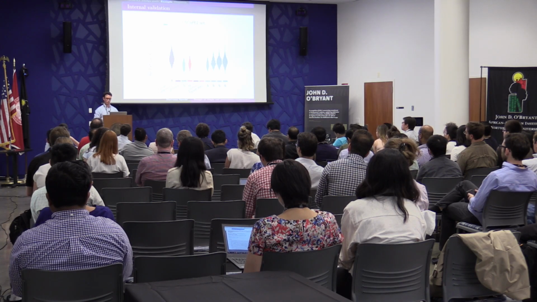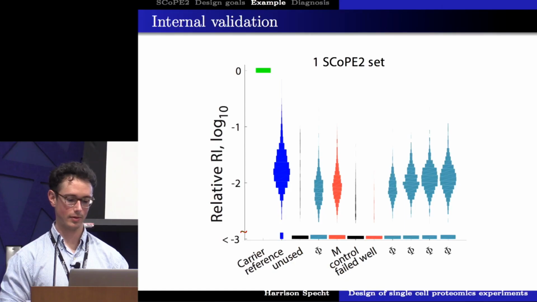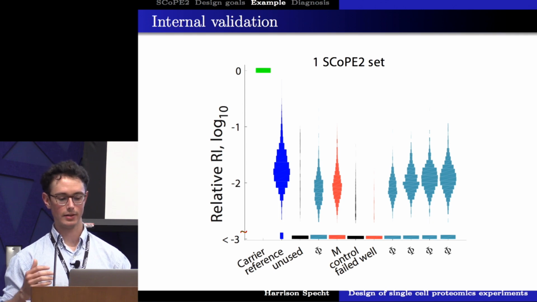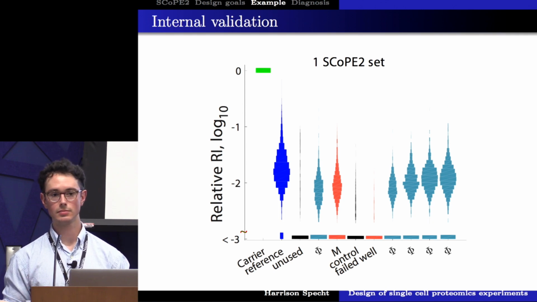So one source is biological variation. And as you can see, we can compare it to the control well and see what sort of expected variability we would get from artifacts in our data. So if you're talking about these peptides up here, that quantitative information could come from differences in signal between the carrier channel and the single cells themselves.